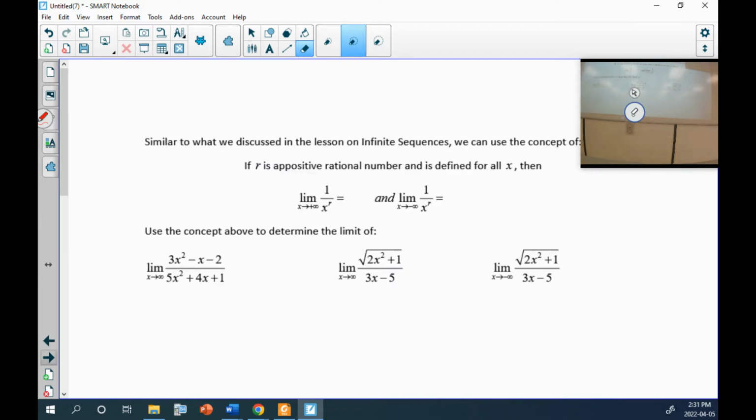Okay, so here's the thing. We are going to use these two guys in a lot of different ways. What happens here as the limit as x approaches positive infinity? What's going to happen to this function as I start to plug in larger and larger numbers?